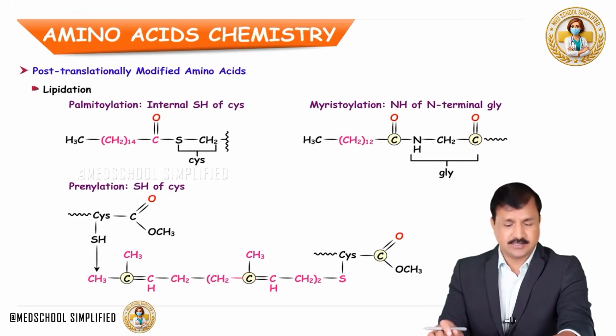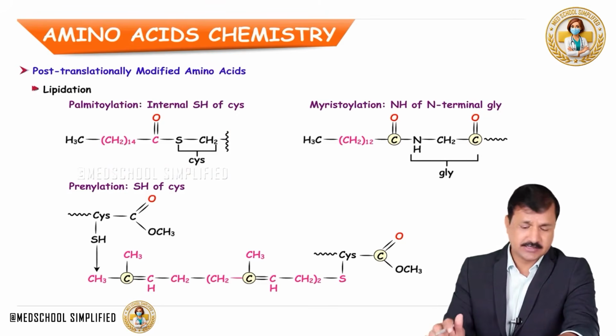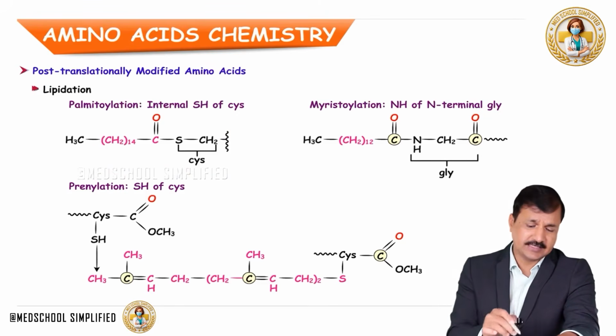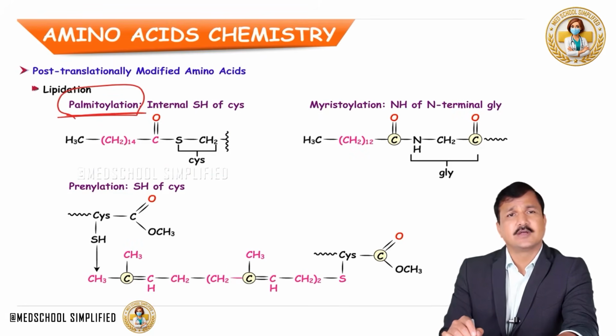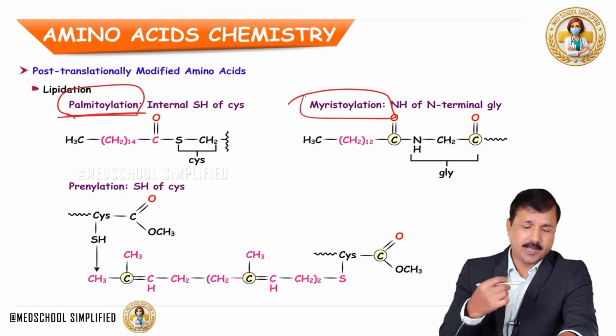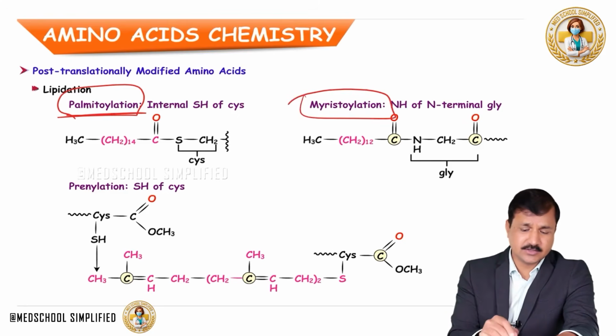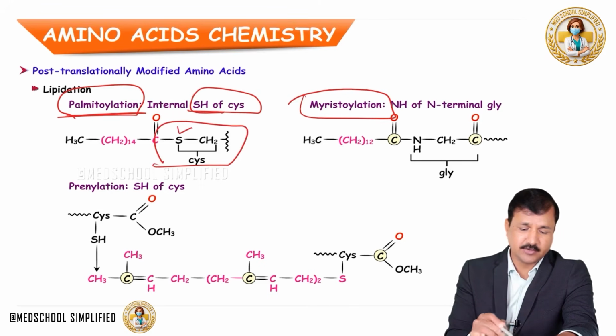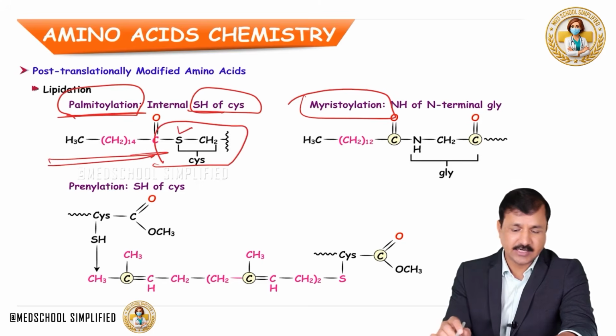Coming to lipidation, attachment of lipids, like palmitic acid, which is a fatty acid. That is referred to as palmitylation, attachment of palmitic acid. Myristylation, myristic acid being attached. The palmityl group, palmitic acid, is attached to the cysteine thiol group. Cysteine has a thiol group, SH, and to that palmitic acid is attached.